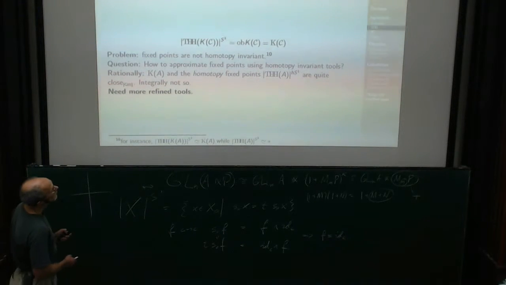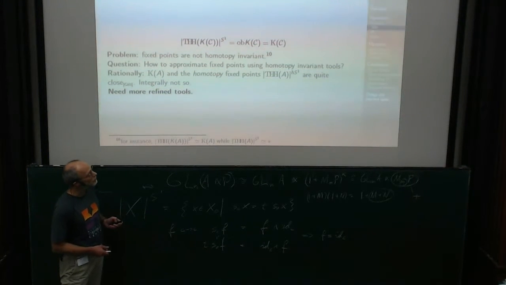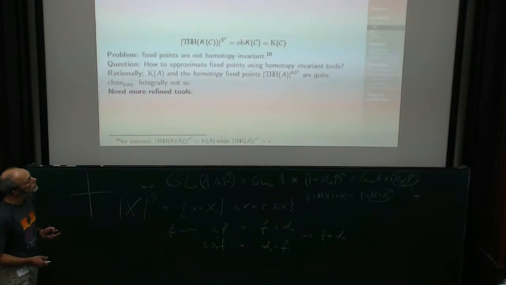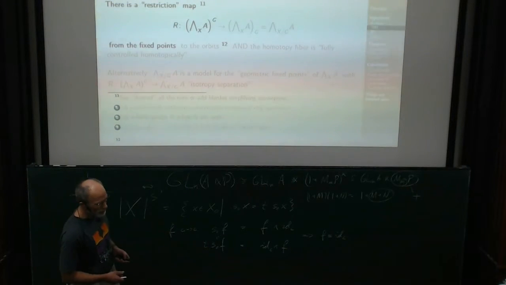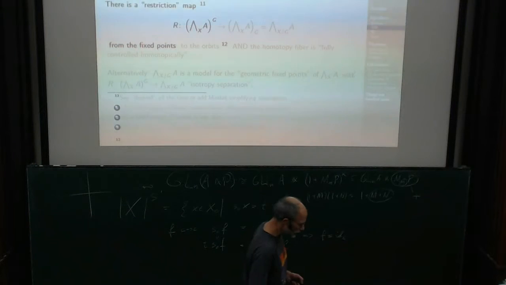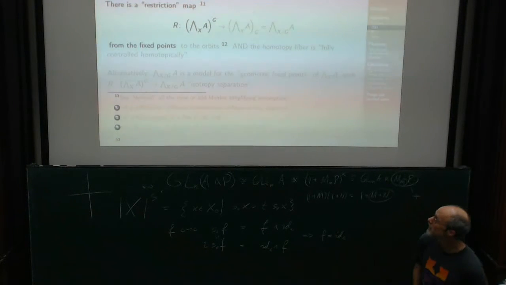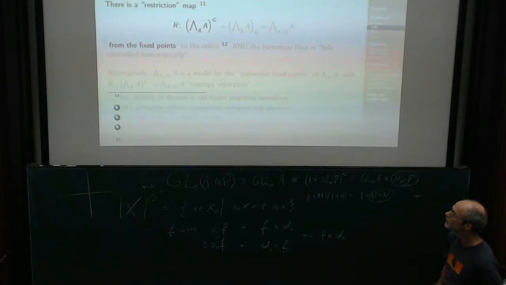But if we're not going rational, we need more refined tools. And very good. And here's what you do. This is one way of saying it. There are many ways of saying this, and some other ways have some advantages over the way I do it now.